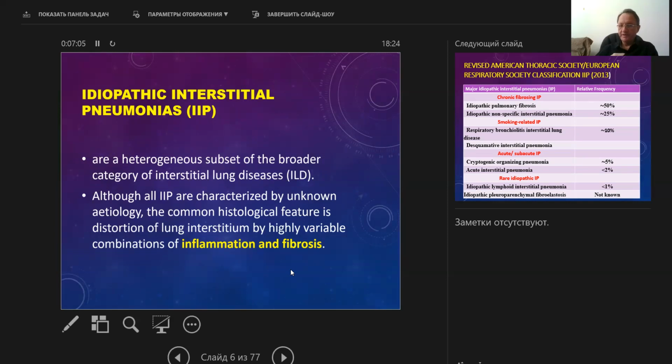For example, if the patient has only a fibrotic process, we should prescribe anti-fibrotic drugs. If the patient has inflammation, the first choice is anti-inflammatory drugs. Otherwise, if you prescribe anti-inflammatory drugs in the case of idiopathic pulmonary fibrosis, it leads to ineffectiveness and failure of our therapy.